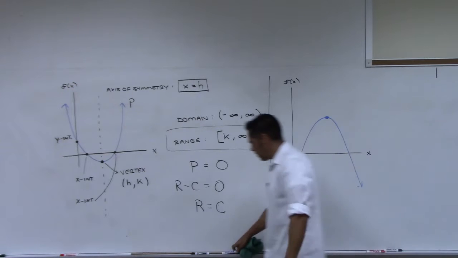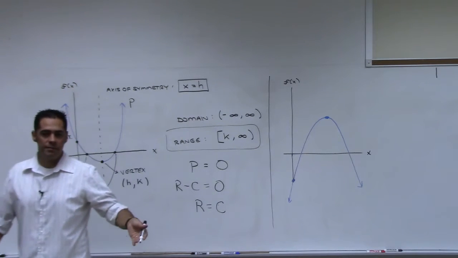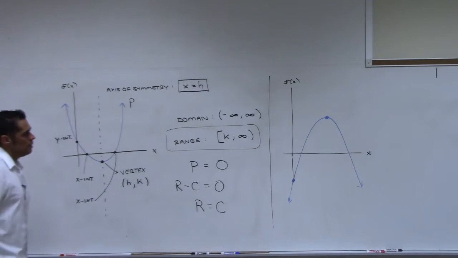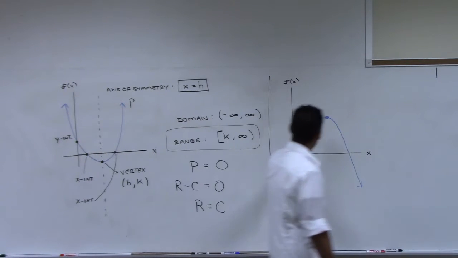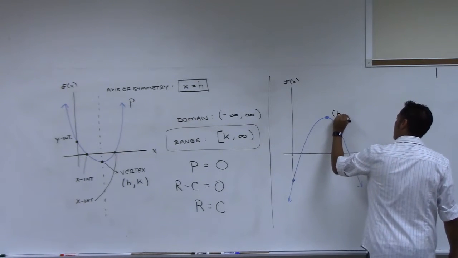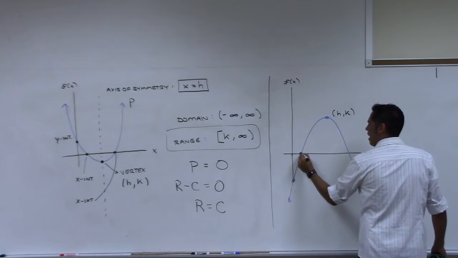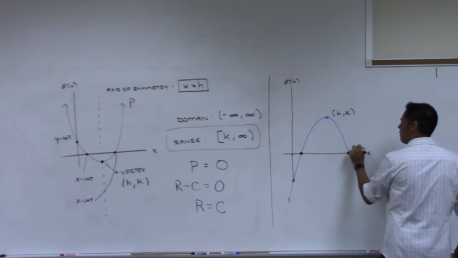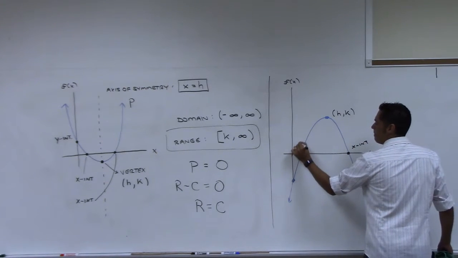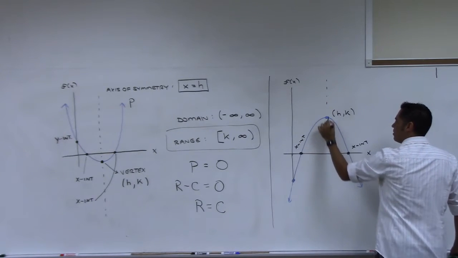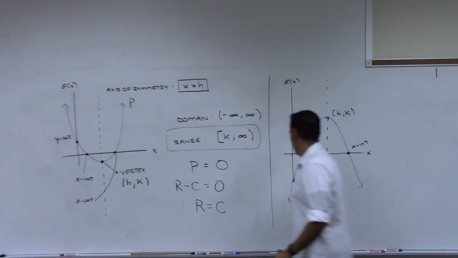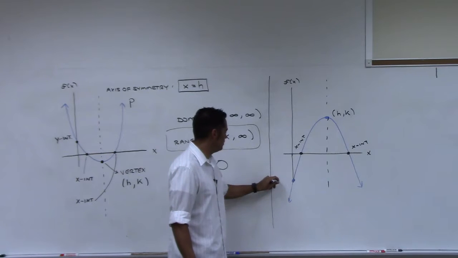So we know here for this quadratic function, a would be negative. We do have a vertex. We still have that, right? h, k. We do have, in this case, two x-intercepts. We do have an axis of symmetry. We do have a y-intercept.